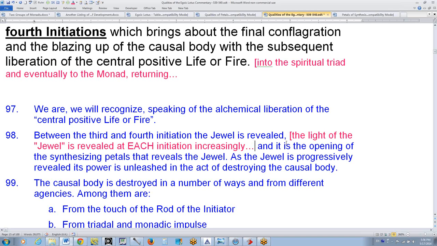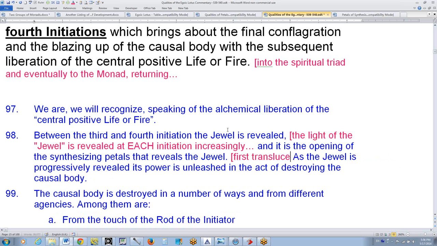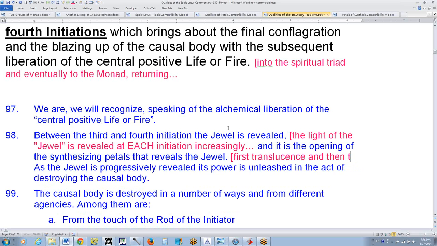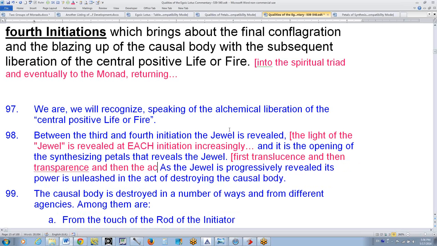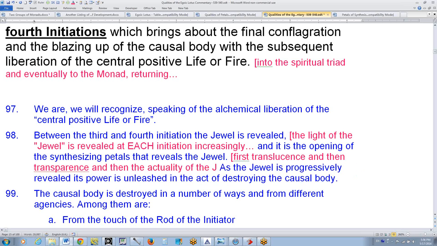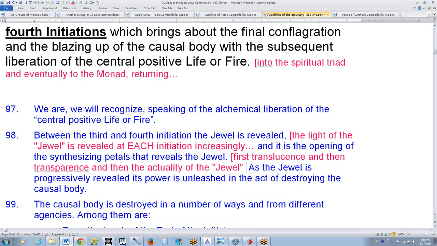But at first, maybe not so much. Maybe we are first dealing with translucence, and then transparence, and then the actuality of the jewel. So as the jewel is progressively revealed, its power is unleashed in the act of destroying the causal body, even at the third degree.